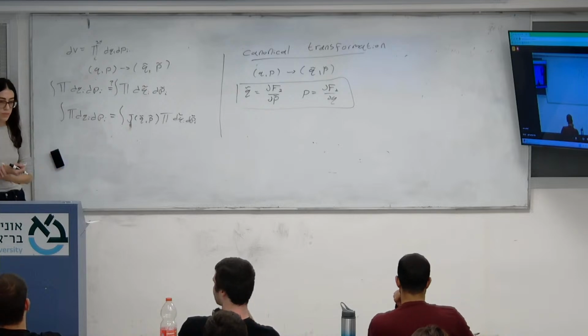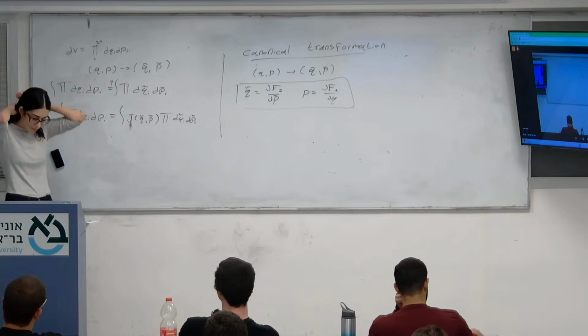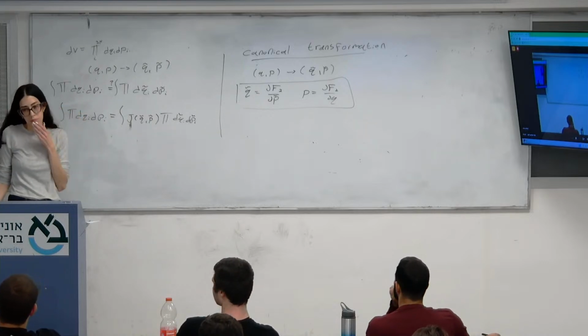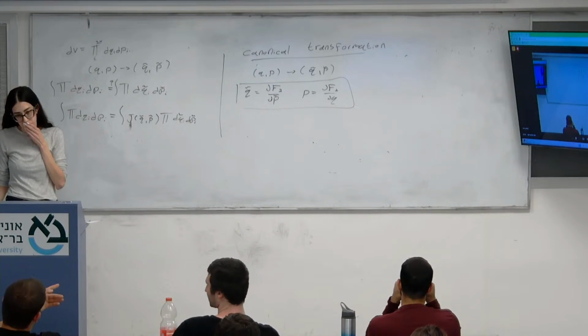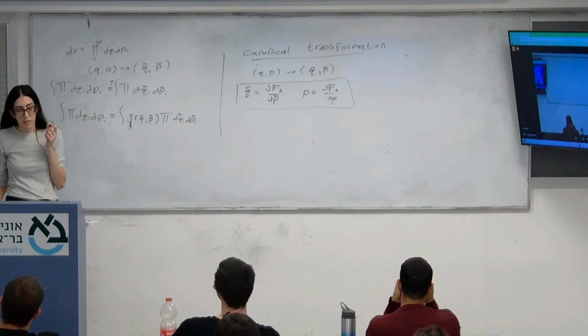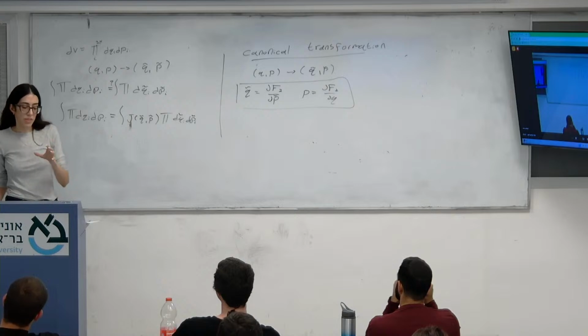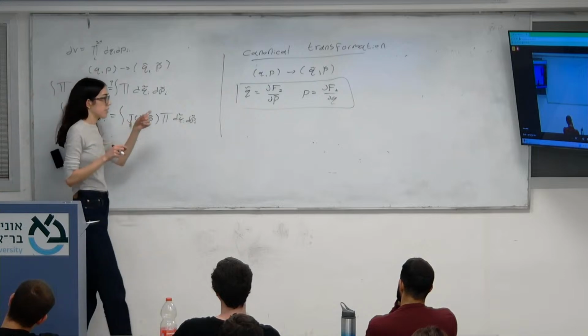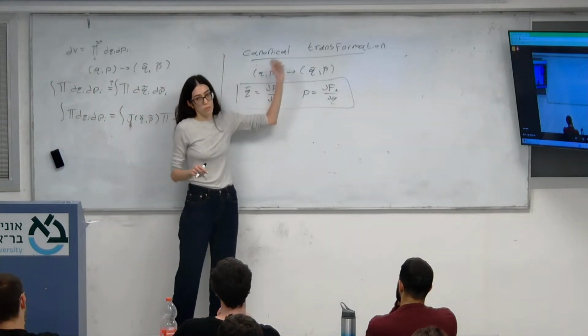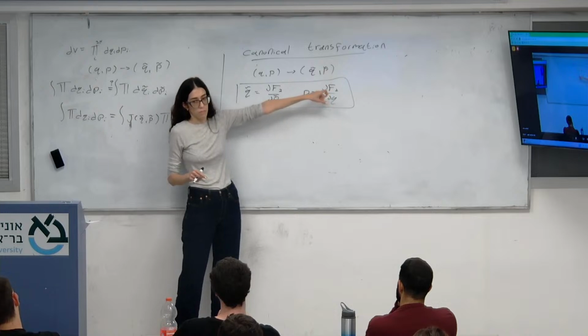I mean, if it follows the Hamilton equation, is it also a canonical transformation? Yeah, but when you say that they have a set of coordinates that follows Hamilton's equation, this is one set of coordinates. So I need this is about transforming from one set of coordinates to another set of coordinates.